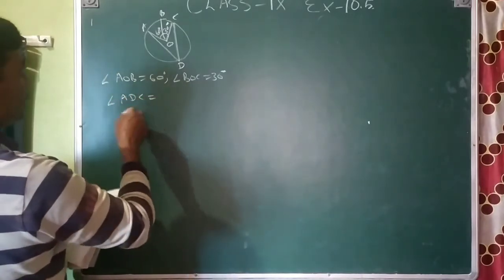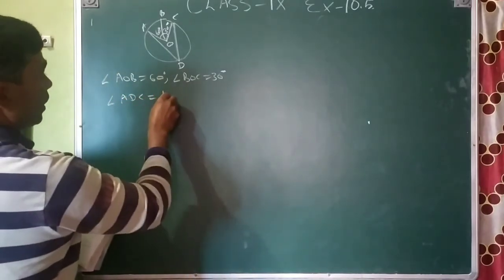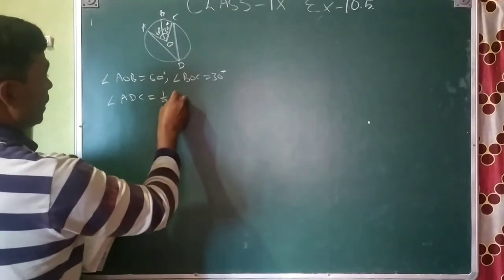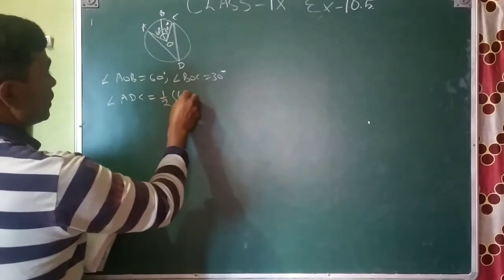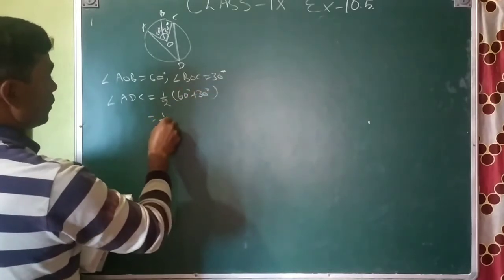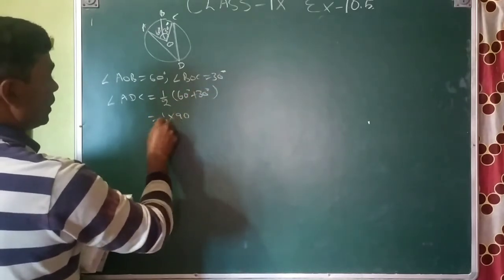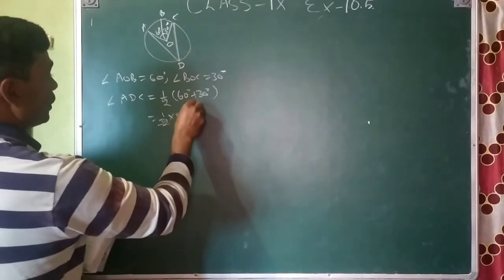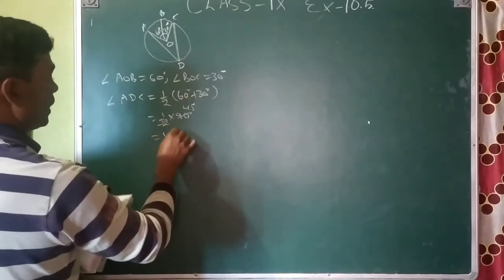ADC is equal to half of the sum of both angles, 60 plus 30 is equal to 1/2 into 90, that will be 45. So that is 45 degrees.